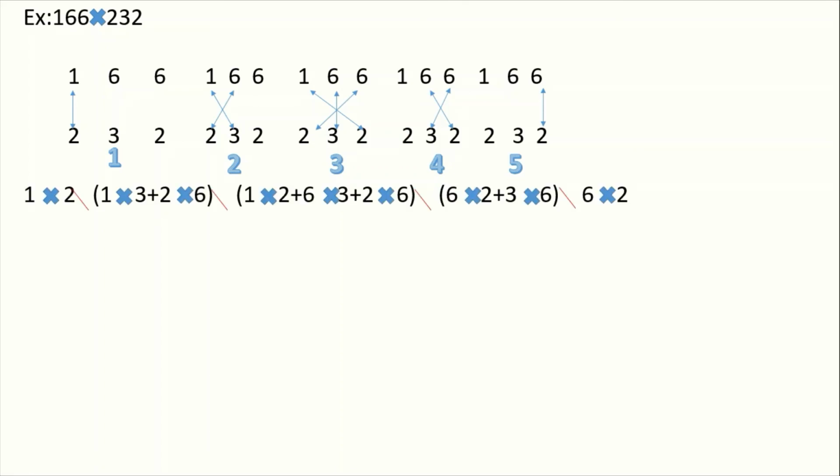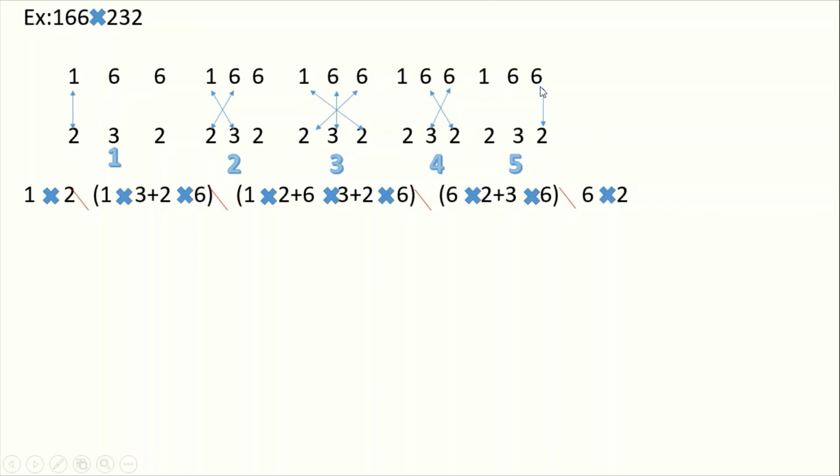Let's see that. For the first one, I have considered 1 multiplied by 2. For the second one, 1 multiplied by 3, that is added to 6 times 2, 6. For the next one, 1 is multiplied by 2, added to 6 times 3, and that is added to 6 multiplied by 2. For the next one, 6 multiplied by 2, added to 6 multiplied by 3.